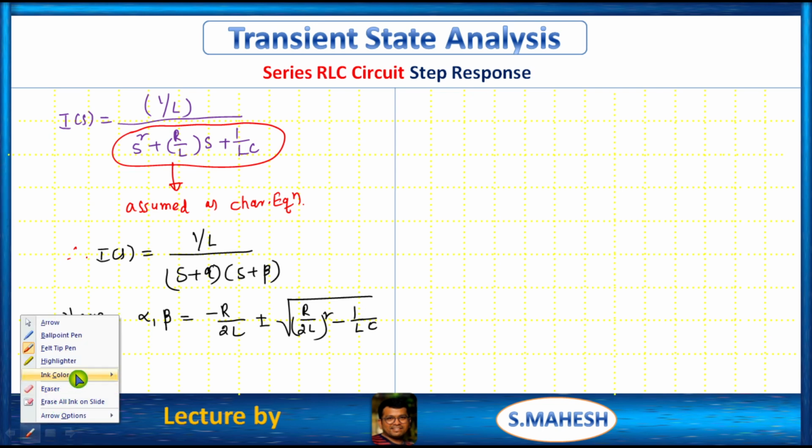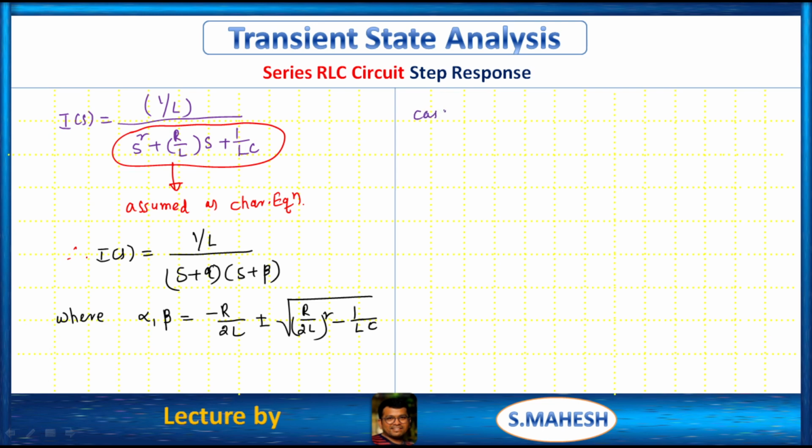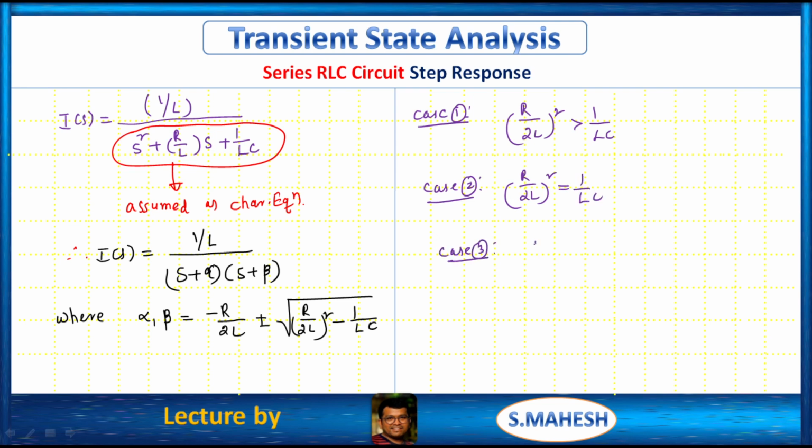Finally, how many cases we have to discuss? Case 1, right? What is case 1? R by 2L whole square greater than 1 by LC, that is case 1. Case 2, R by 2L whole square equal to 1 by LC. Case 3, R by 2L whole square less than 1 by LC.